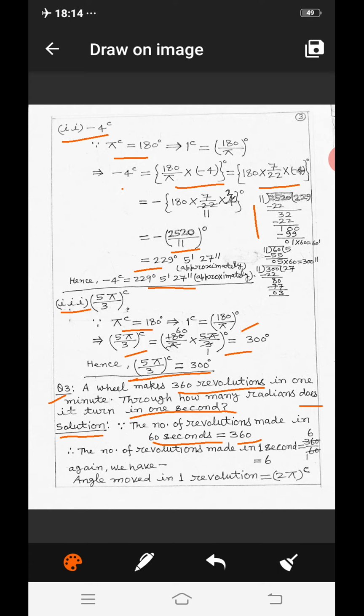Therefore, the number of revolutions made in 1 second is equal to 360 by 60, and this is equal to 6. Now, the angle moved in 1 complete revolution is equal to 2 pi radian.